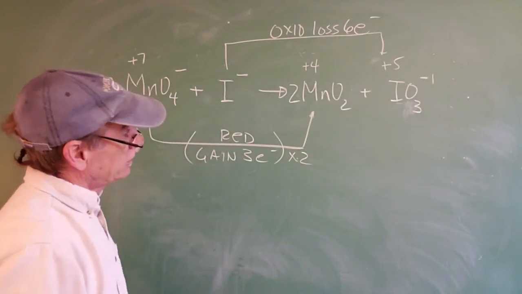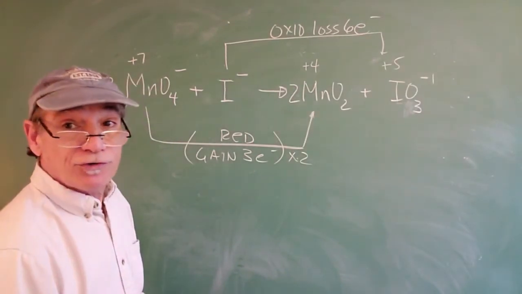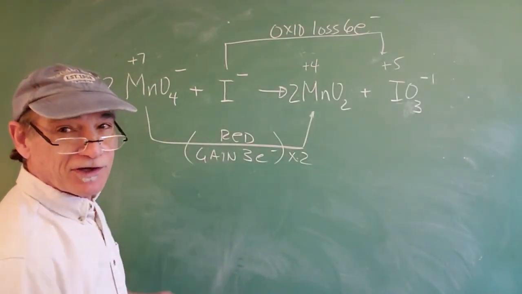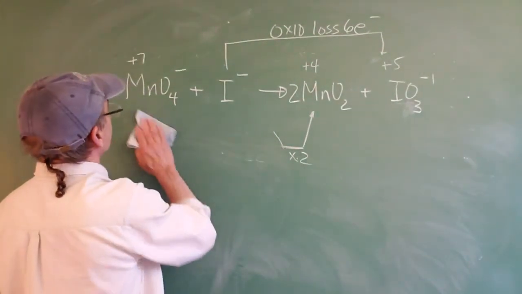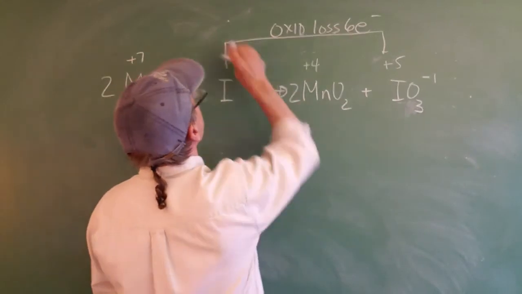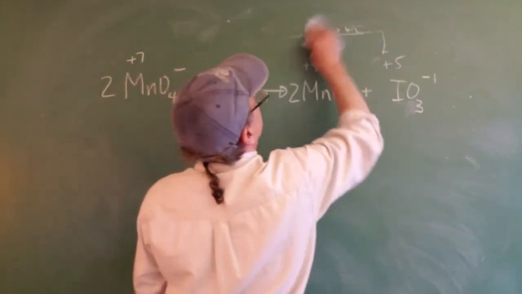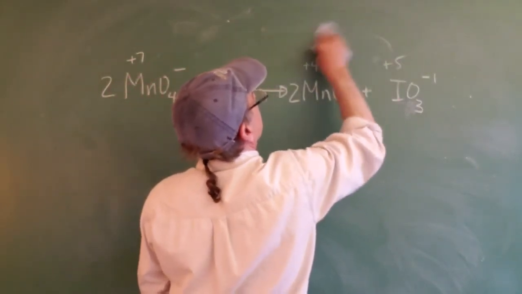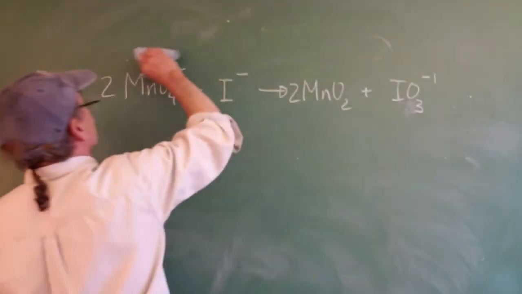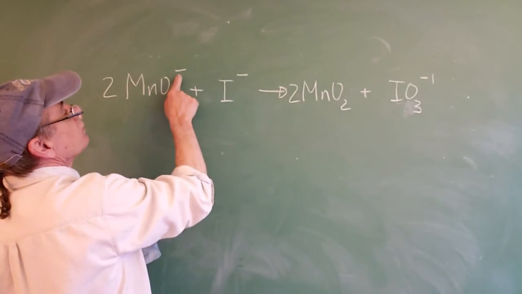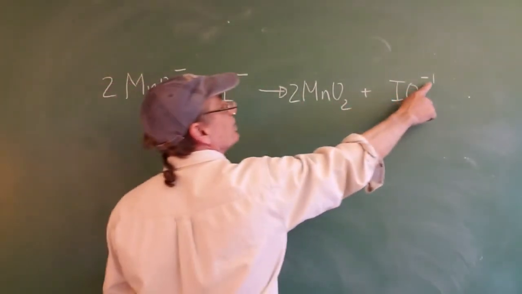All right, the hard work's over. Let's go ahead and erase everything here so we can focus on the ionic charge. I'm going to get rid of my arrows. We took care of all of this. I'm going to get rid of my oxidation numbers just so that I can focus on the ionic charges on each of the species.